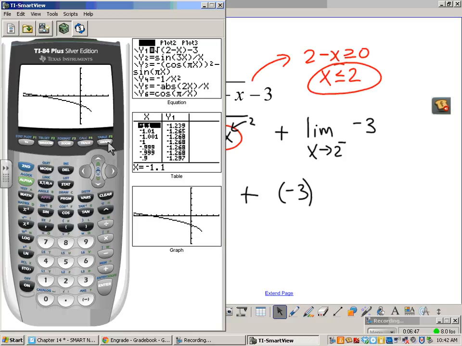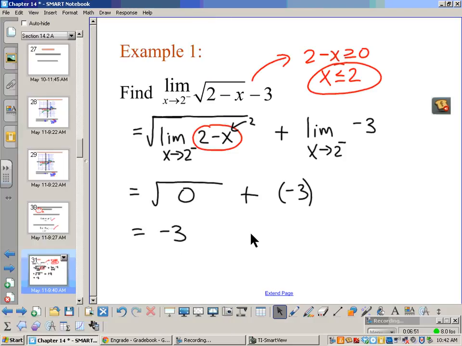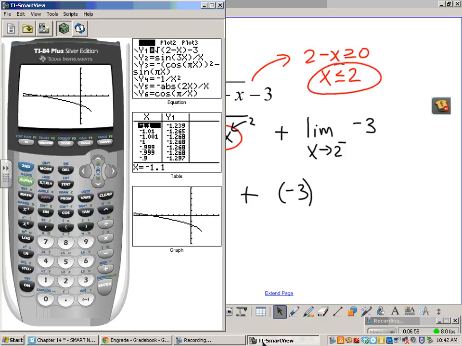We're going to be approaching it from the left side. We're looking for the left-hand limit, and that makes sense considering the restrictions on our domain and also by looking at the graph. We could not approach it from the right side because the function is not defined at those points. Let's make sure we're in ask mode. We are.